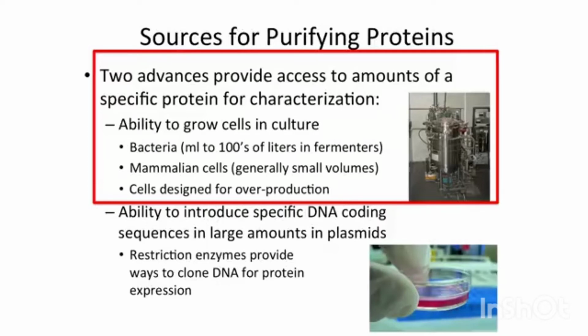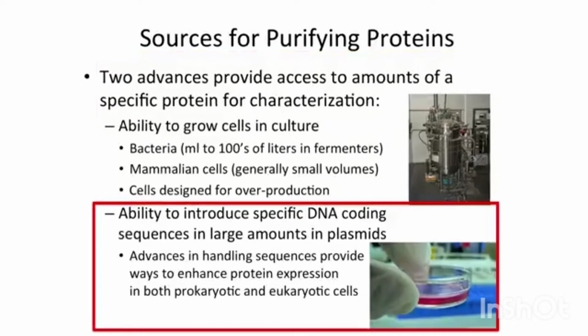But in both cases, you grow the organism in media, and the cells that are being grown are designed for the overproduction of the protein that you want. So this combination of the ability to introduce specific sequences that encode a protein in very large amounts using plasmids used as carriers of DNA sequences.